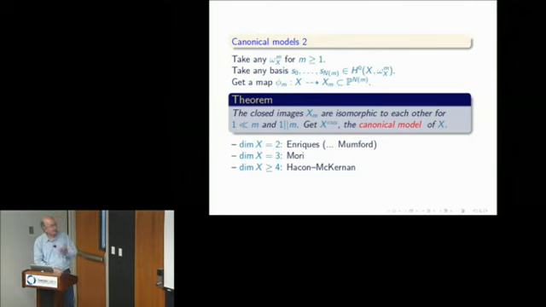And now the claim, the very nice thing that happens, is that the images, or maybe precisely the closures of the images, stabilize. So if you look at m that is sufficiently large and sufficiently divisible, I try to use those two vertical lines to indicate sufficiently divisible, then you get something that does not depend on m, okay?